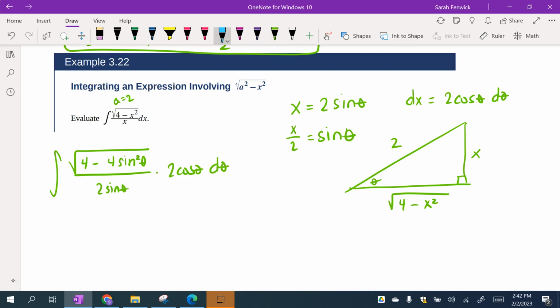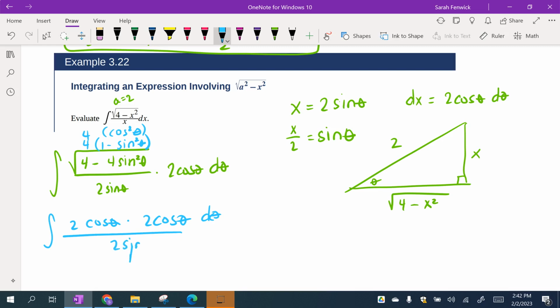So right here, we are going to have 4 times 1 minus sine squared, which is 4 times cosine squared. So we have the integral of 2 cosine theta times 2 cosine theta d theta over 2 sine theta.